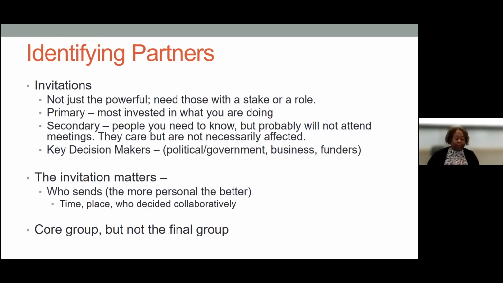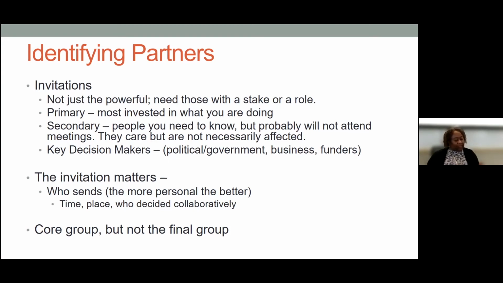And so there was a relationship built and trust. And I could approach them even though we had not worked together prior to that point. Who sends the introduction and invitation matters. The more personal, the better.